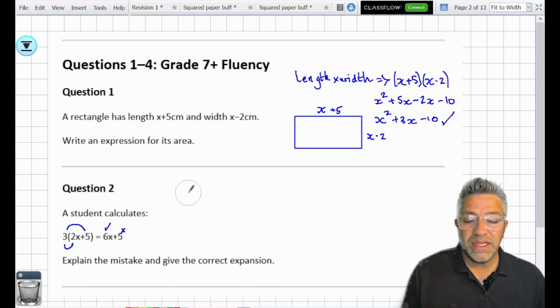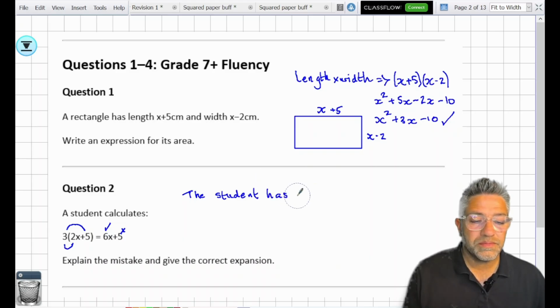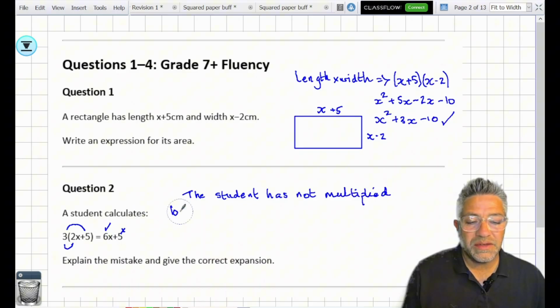So explaining the mistake, I would simply write: the student has not multiplied by the second term in the bracket.